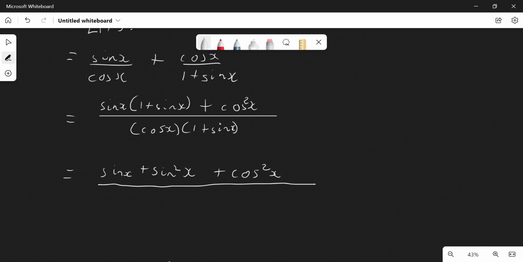So I'm going to have cos x, excuse me, a 1 plus sine x. We know this is equal to 1, so we have sine x plus 1 over cos x over 1 plus sine x.